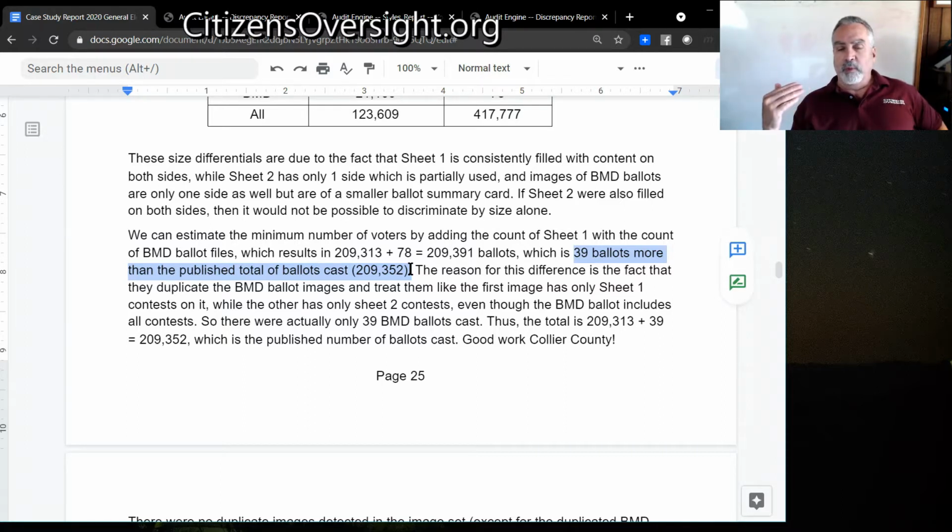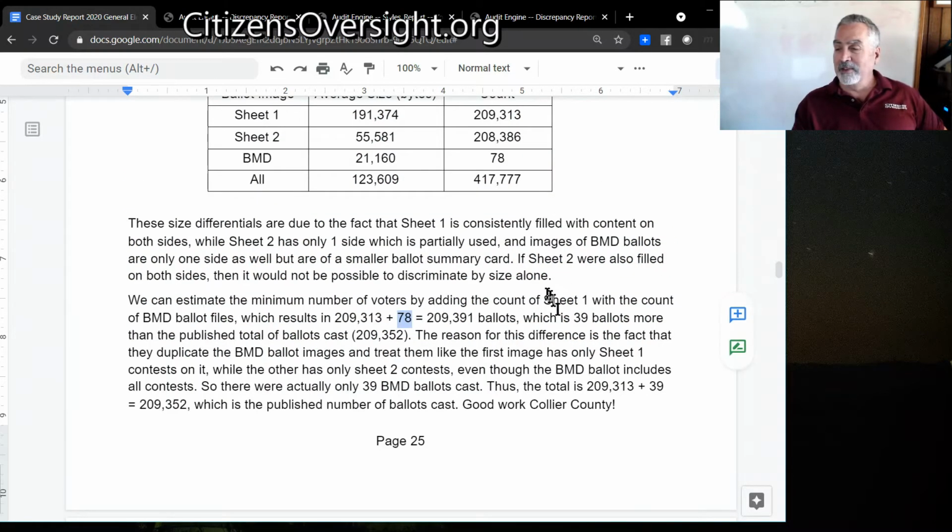And we looked into this, and the way I actually came to this was it just came to me in the middle of the night that 39 is half of 78. You probably already thought of that as I was saying it, right? 39 is half of 78. And that means that this 78 here, it turns out, are duplicated.